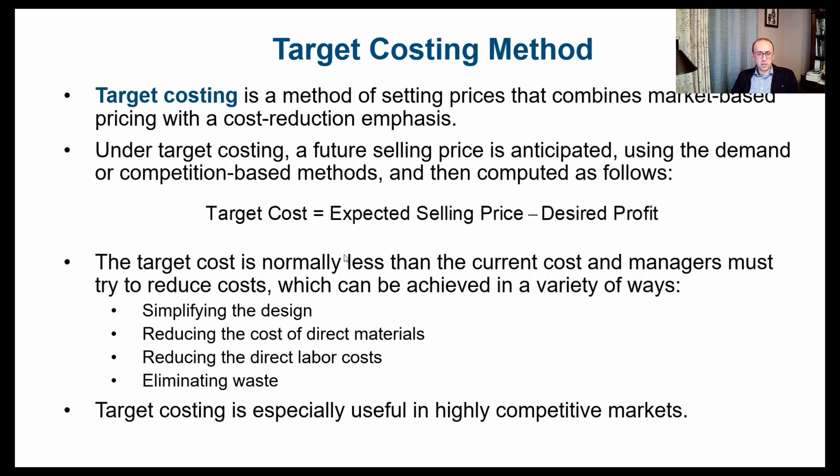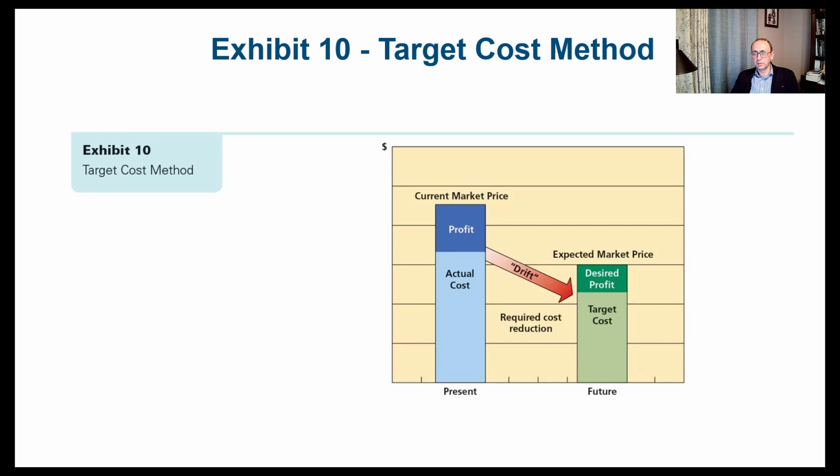So target costing is especially useful in very highly competitive markets, because you know that the selling price is somehow restricted. You don't have the luxury of raising the price too much. Then you set your desired profit to calculate your target cost, and then you try to find a way to make the actual cost meet the target cost.